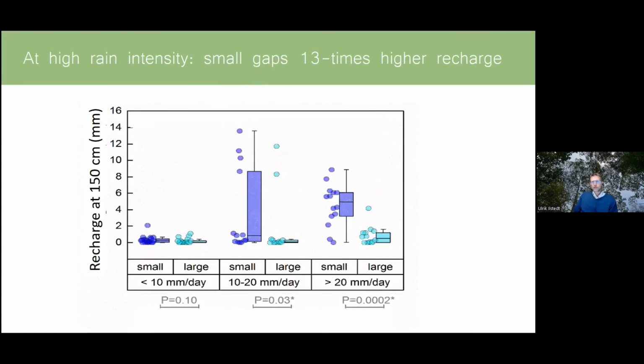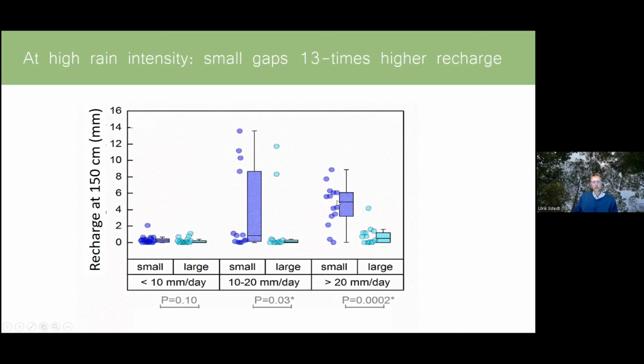If we look at these collection points, the recharge that we collected in small and large gaps only, we exclude the under-canopy areas. Then we looked at how much recharge we are getting depending on the rainfall intensity during the day. We divided it into small rainfalls, medium rainfalls, 10 to 20 millimeters, and more than 20 millimeters. What we saw was that, of course, this recharge is mainly coming during the large rainfalls.